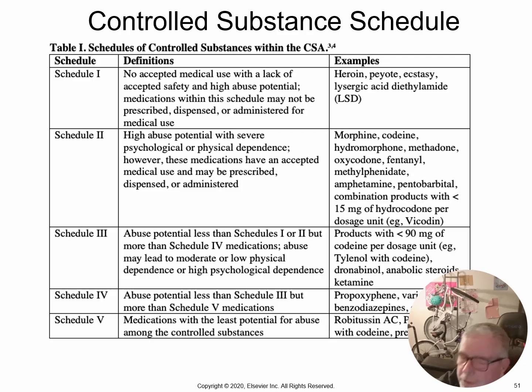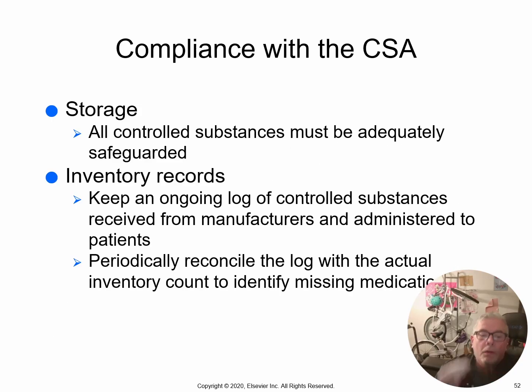Well, marijuana is legal at the state level, but under federal guidelines, it's still listed as a Schedule 1 medication. Then we go to Schedule 2, which is a little bit better, still high potential for abuse, but accepted medical uses. Schedule 3, and all the way down to Schedule 5, which would be considered the least potentially addicting.